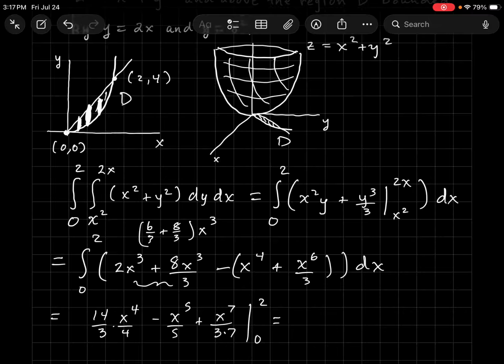Or if I simplify this, 7/6 x to the 4th minus x to the 5th over 5 plus x to the 7th over 21.